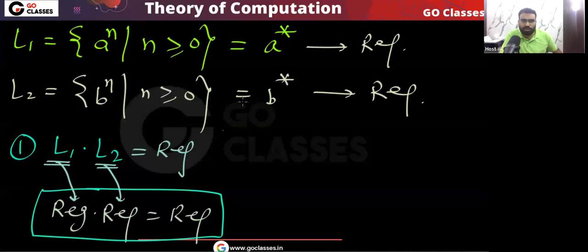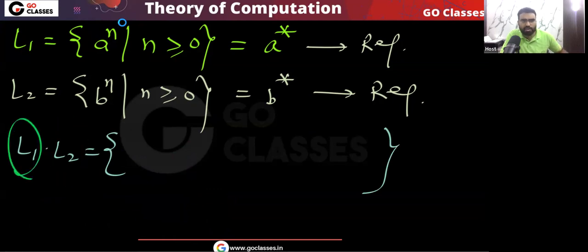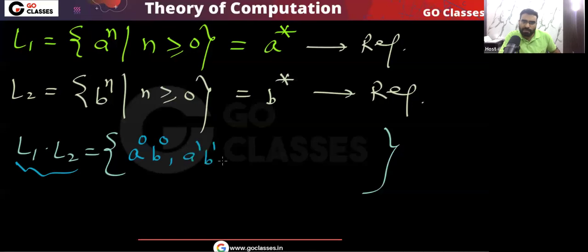Actually, let me ask what L1 dot L2 will be. Remember, L1 dot L2 means any string of L1 concatenated with any string of L2. For example, is it correct if I write a power 0 b power 0, a power 1 b power 1, a power 2 b power 2, a power 3 b power 3?